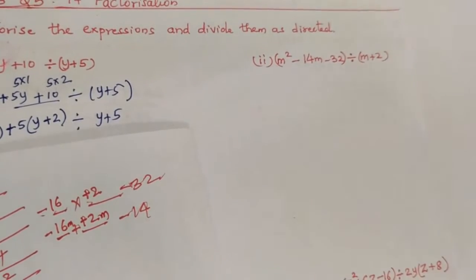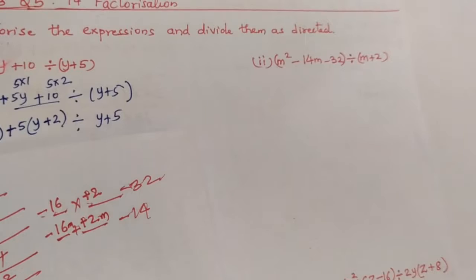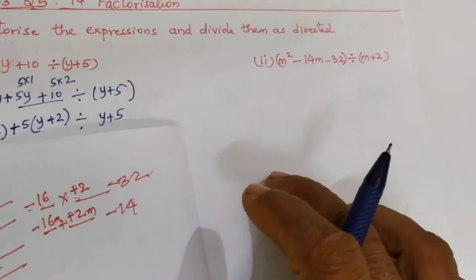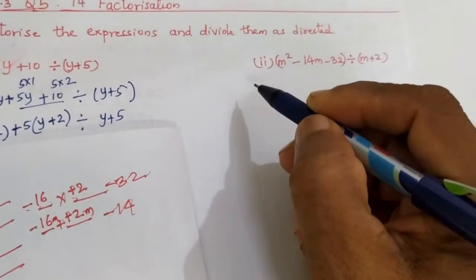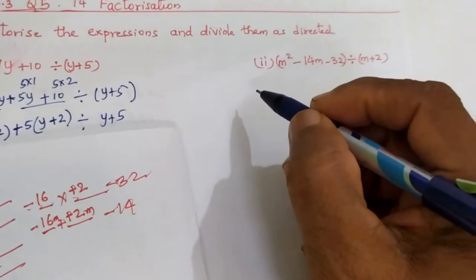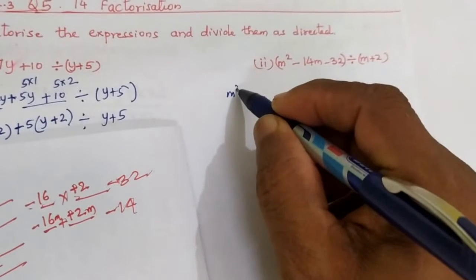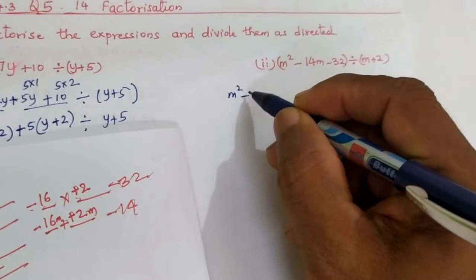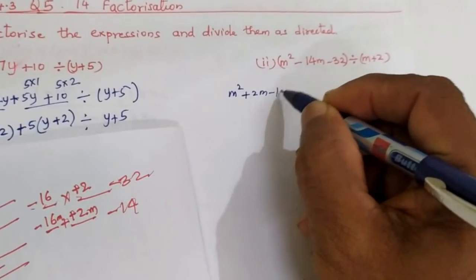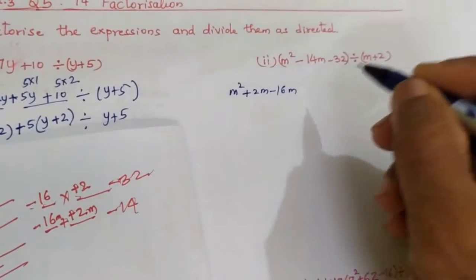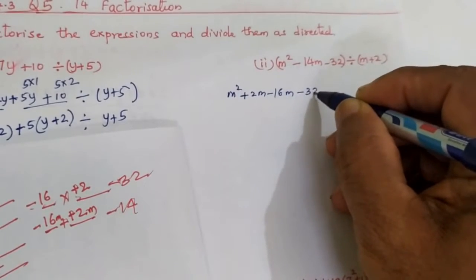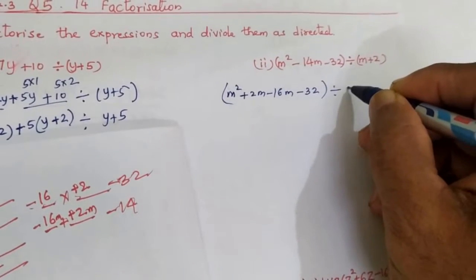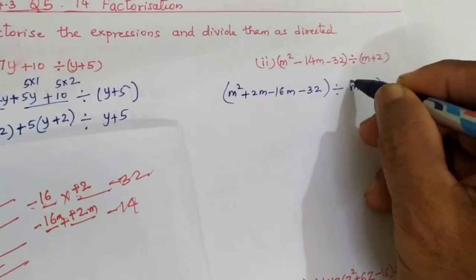So we will take the possible combination and write it down in a similar manner. M square plus 2m minus 16m, we have split this, minus 32, and here there is division by m plus 2.